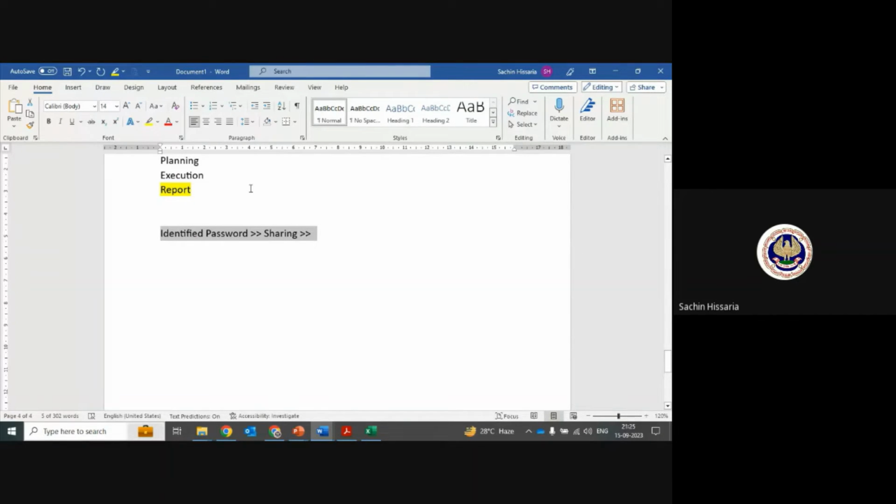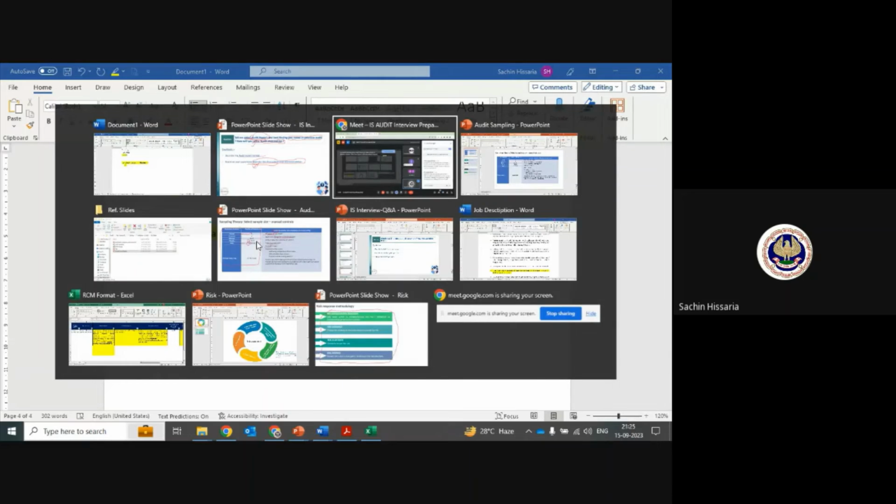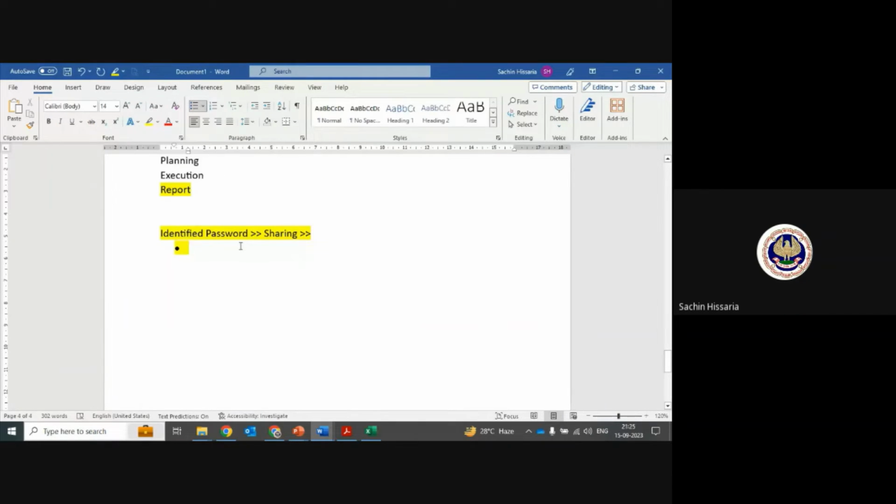For example, if you are absent today, to get your task done you will share your password with a colleague, saying this is my application password, now you can do that task. This is not a good practice, and it is very difficult to identify. But we identified those instances based on HR data.